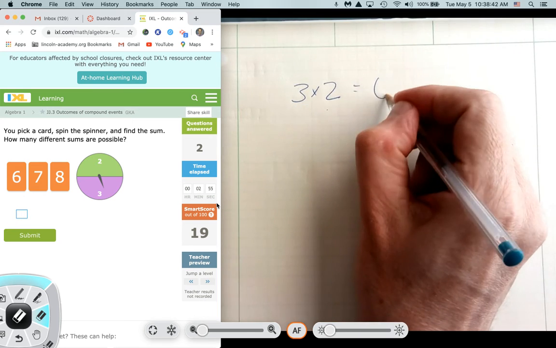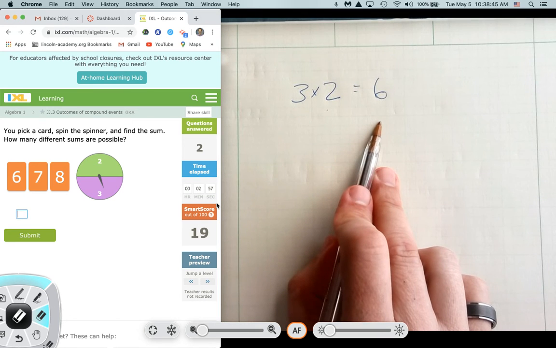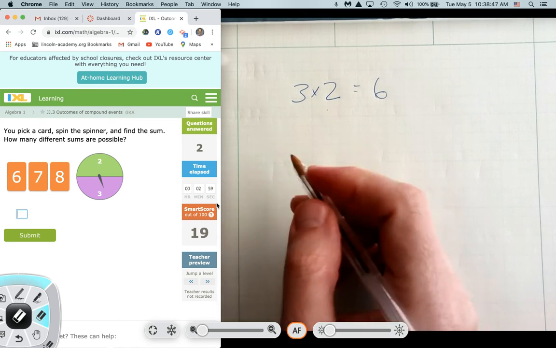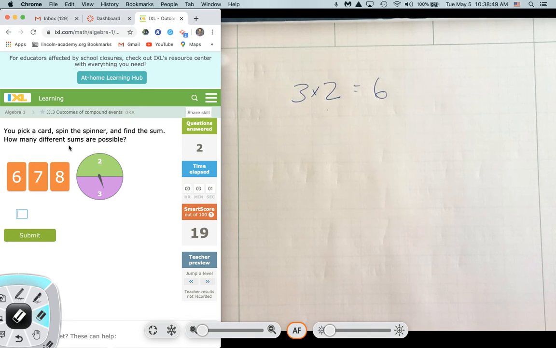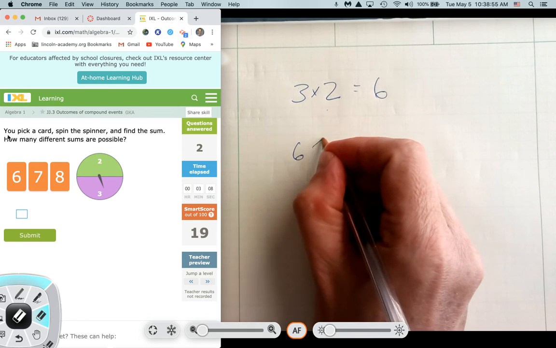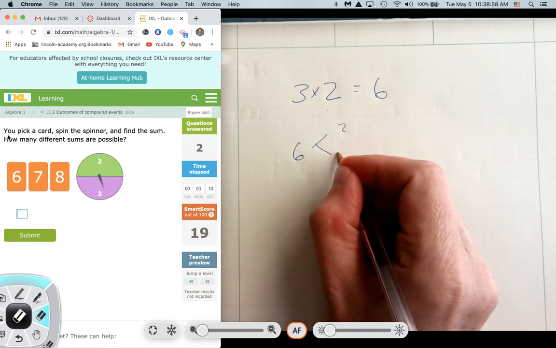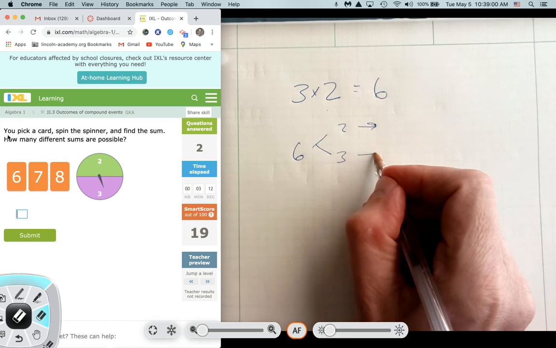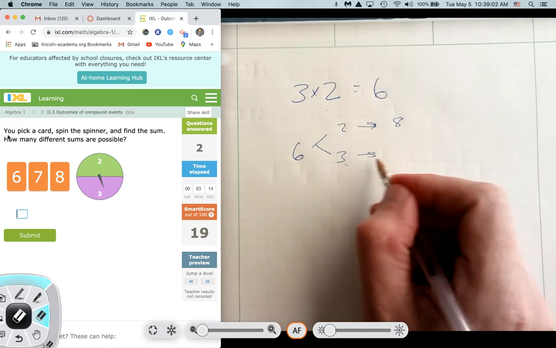That's a total of 6 outcomes, but they're not necessarily all unique, because it's talking about the sum of the numbers. So if I pick a 6, I could either spin a 2 or a 3, which would give me a sum of either an 8 or a 9.